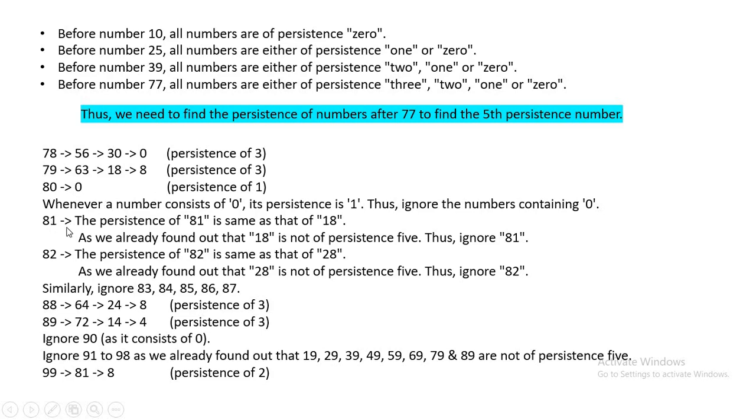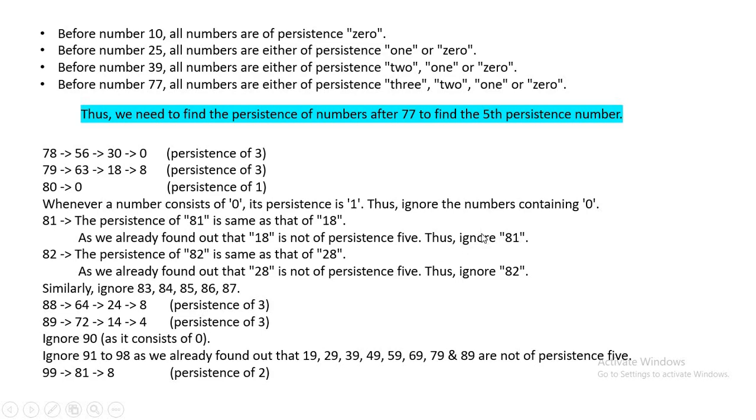So it is always of persistence 1. Now 81. The persistence of 81 is the same as that of 18, because 8 times 1 or 1 times 8 are the same. As we already found out, 18 is not of persistence 5, since below 77 we are not going to get a fifth persistence number. So 81 is also not a fifth persistence number by that logic.